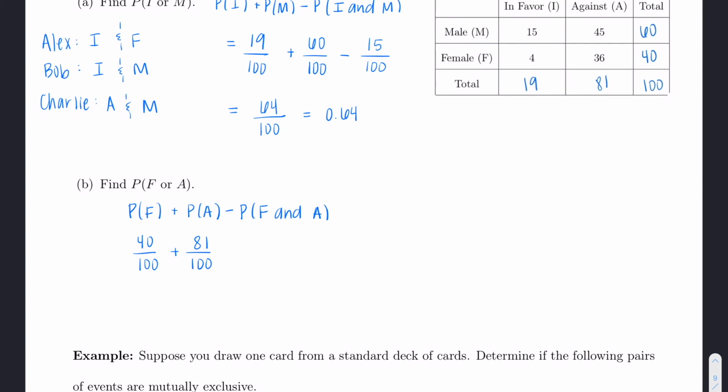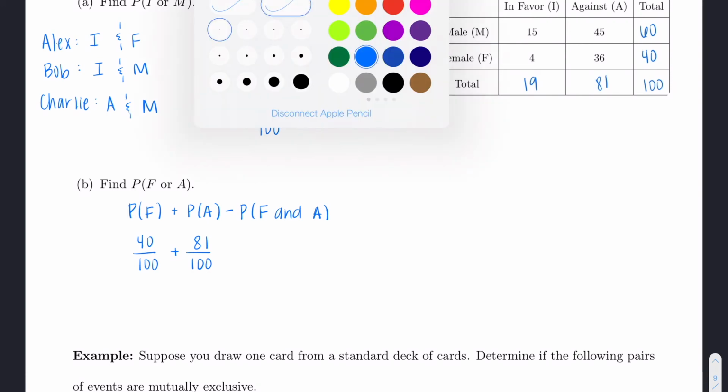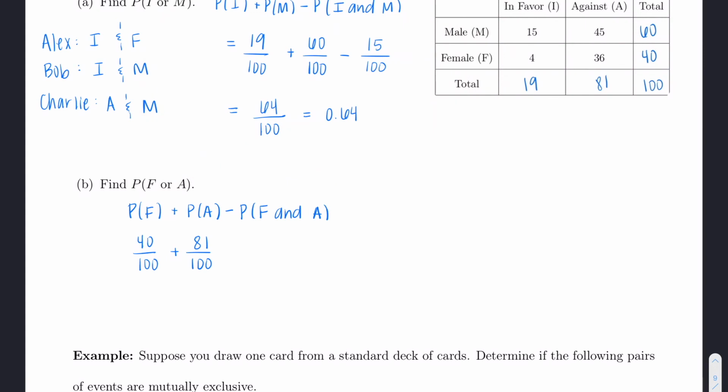And so real quick, before I continue this example, I want to point out what would happen if I accidentally forgot to include this piece, if I just accidentally did not subtract my duplicates. Then what I would get as my probability would be 121 out of 100, which would equal 121%.